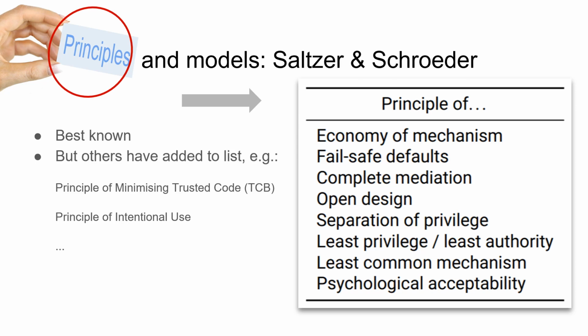One of them is the principle of minimizing trusted code, so have a trusted computing base that is as small as possible. And the second one is the principle of intentional use. So these two principles have been added to the set of security principles that we talked about so far.